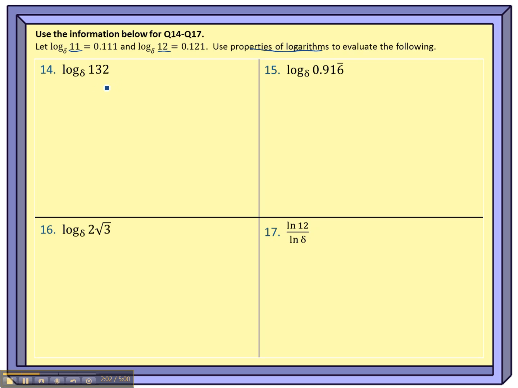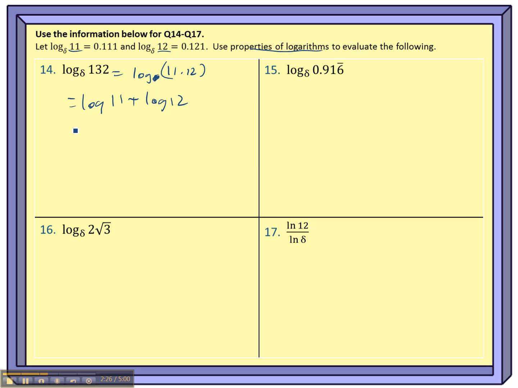Well, that's just 11 times 12. So this is the same thing as the log base delta. I just pretend that's what that is. 11 times 12. Well, this is a log of a product, so I can break that up as the sum of the two logs. So log of 11 plus the log of 12.